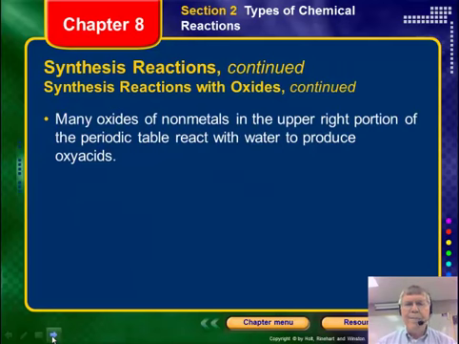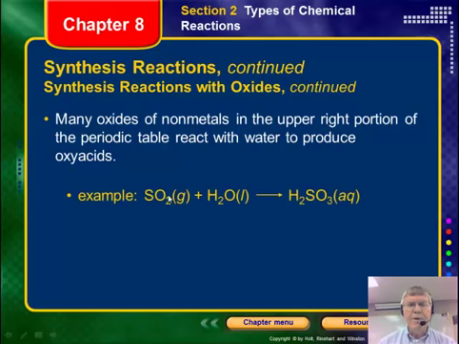Oxides of some of the nonmetals, these are in the upper right portion of the periodic table, react with water to produce oxyacids. So if you take SO2, sulfur dioxide, and react it with water, or dissolve it in water, it forms H2SO3, which is sulfurous acid. That is an oxyacid. It's the sulfite ion and hydrogen.